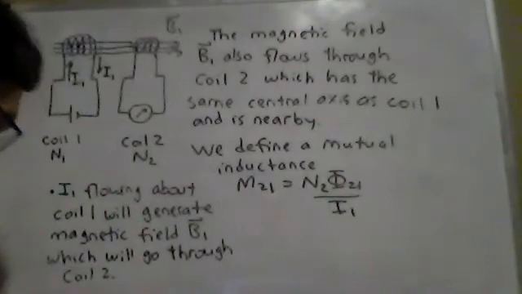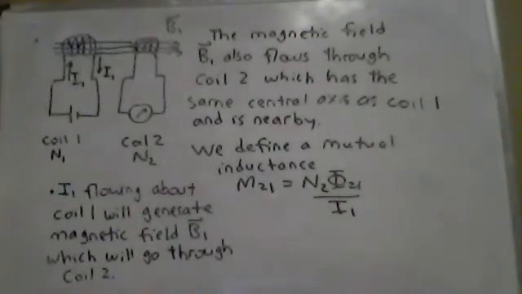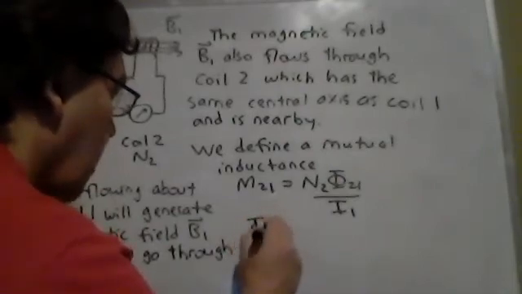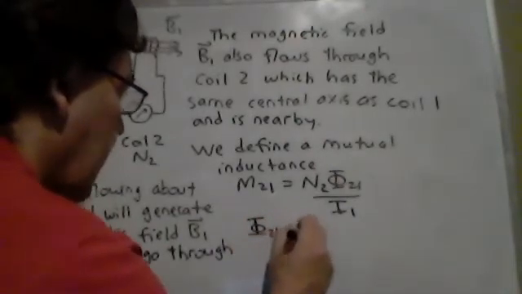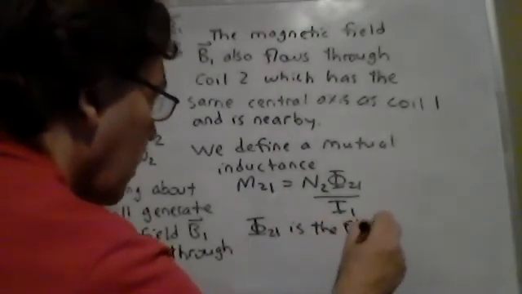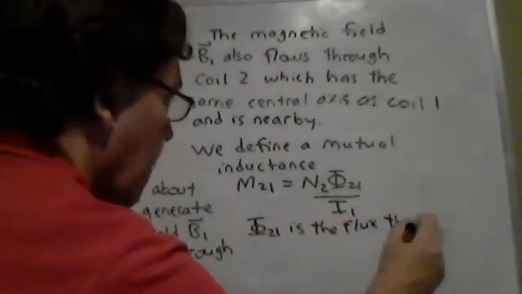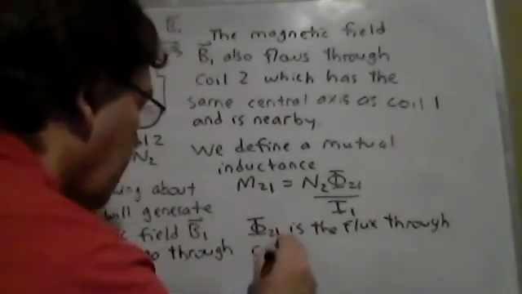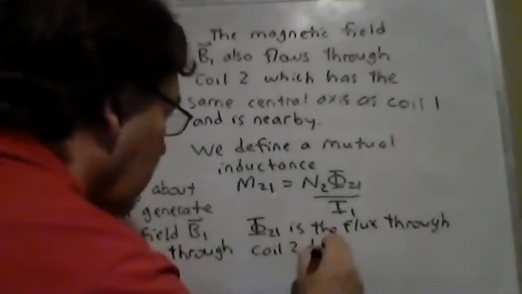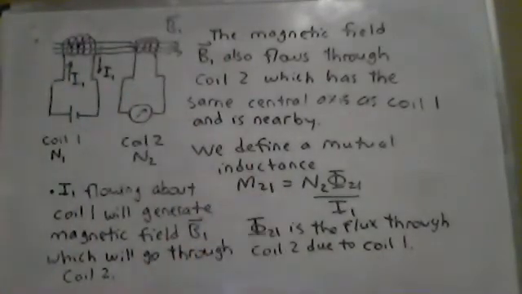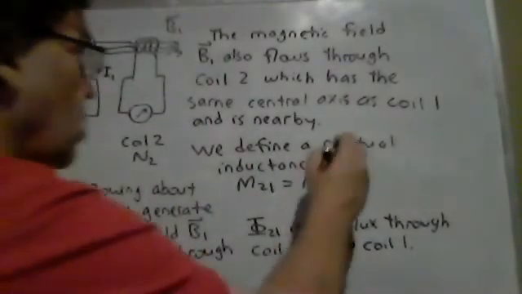And again, Φ21 is the flux through coil 2 due to coil 1, and so that's where this 2,1 comes from. This M21 is called the mutual inductance.